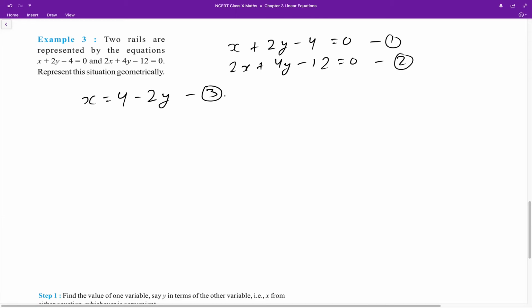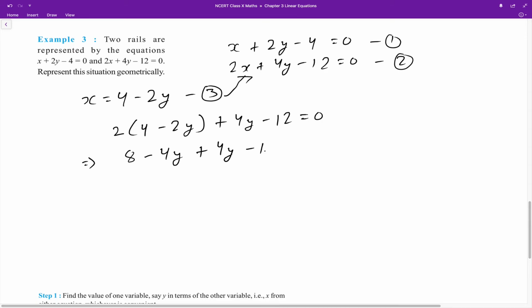Now we substitute this in equation 2. So we get 2 times (4 minus 2y) plus 4y minus 12 equal to 0. This will give you 8 minus 4y plus 4y minus 12 equal to 0. So minus 4 equal to 0.